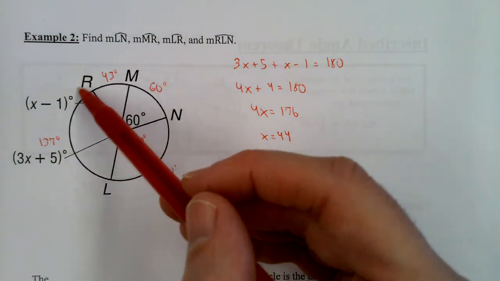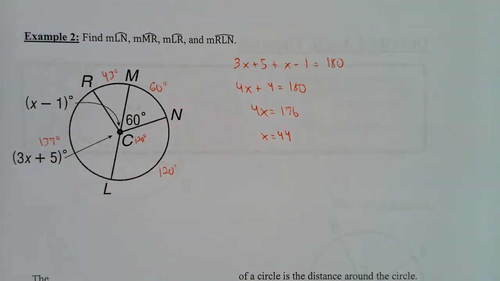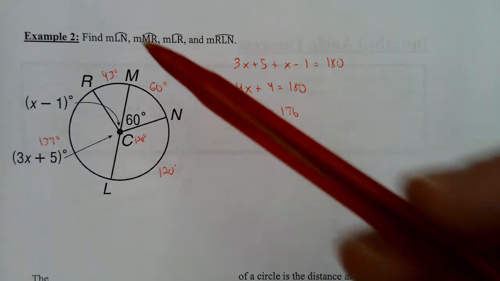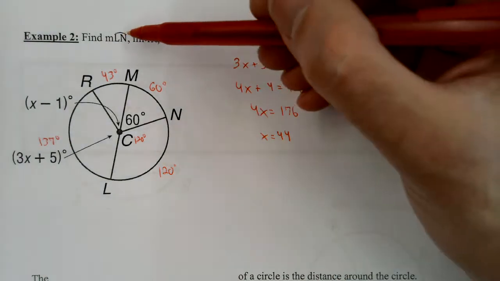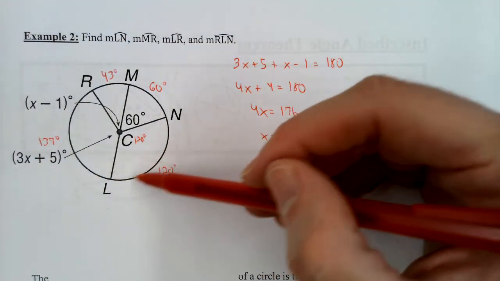Notice how all the arcs add up to 360, okay? 137 plus 43 plus 60 plus 120. All the arcs always add up to 360. And now let's answer the questions. The measure of arc LN equals 120.